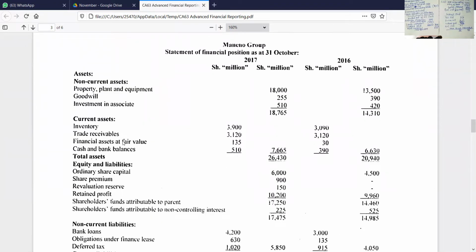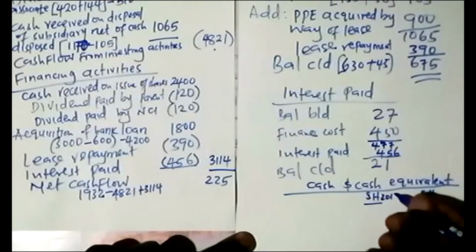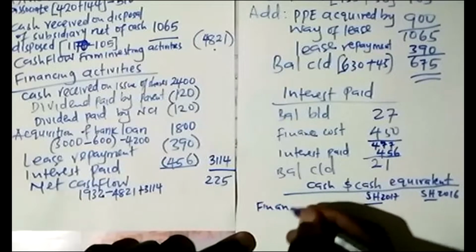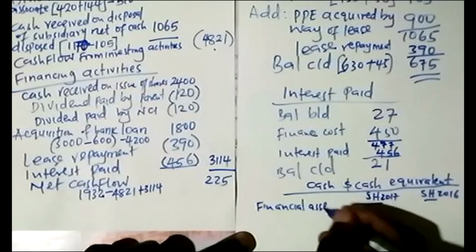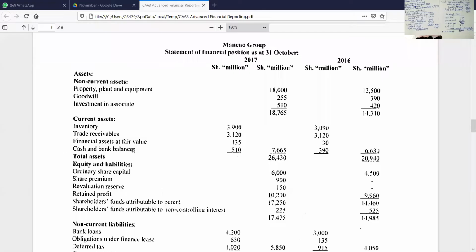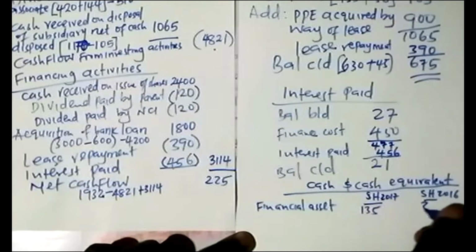You go to your current assets. So there's financial asset at fair value and cash and bank balance. Remember that this is 2017, this is 2016. So the financial asset figures are 135 and 30.